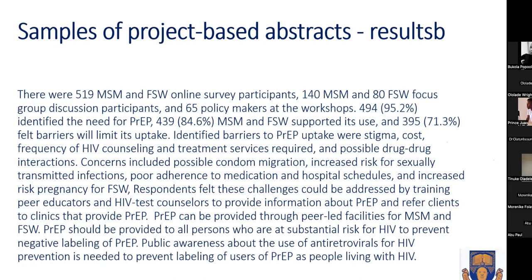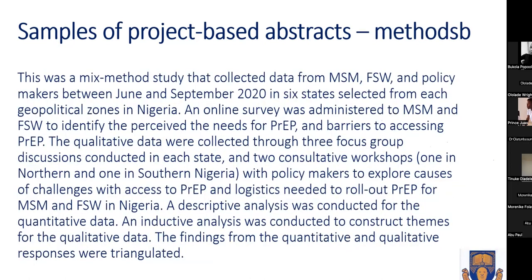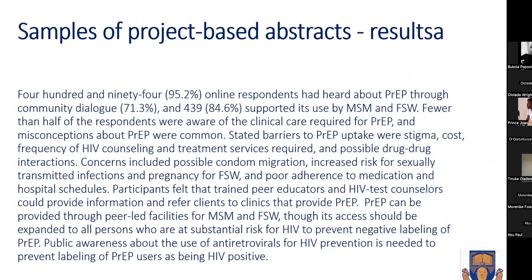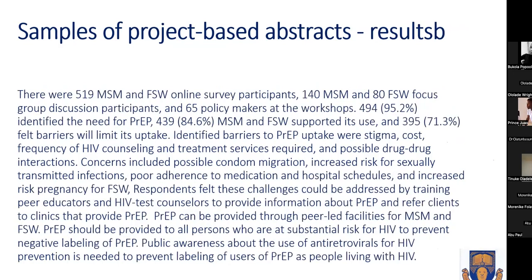And then when you went to the qualitative, look at his method. It says the qualitative study data were collected through focus group discussion and consultative meetings with policymakers to explore the causes of the challenges and the logistics needed to roll out. That is the third thing the qualitative did. So you can see in his result that he answered: barriers were stigma, cost, treatment services, possible drug-drug interaction.